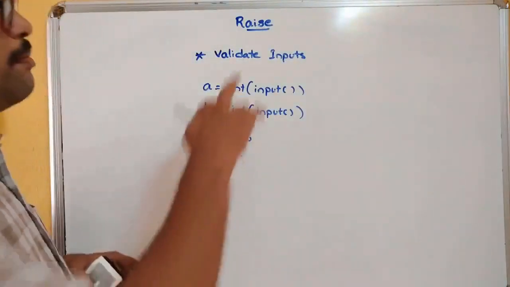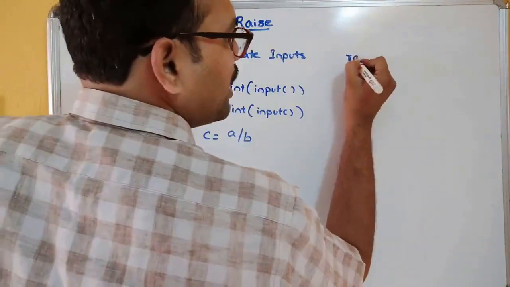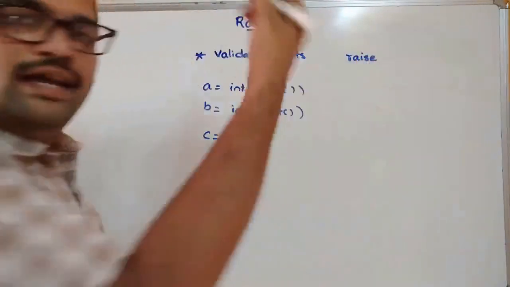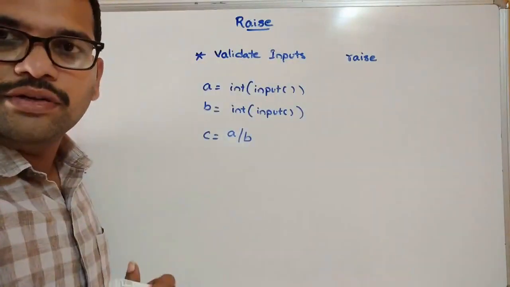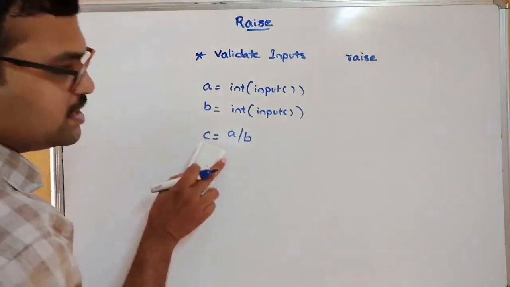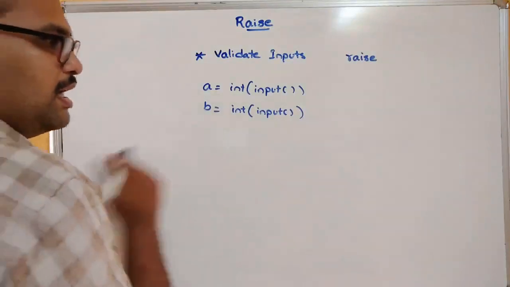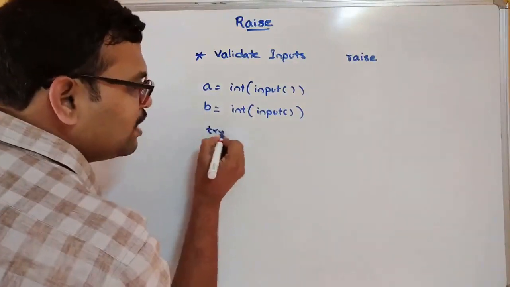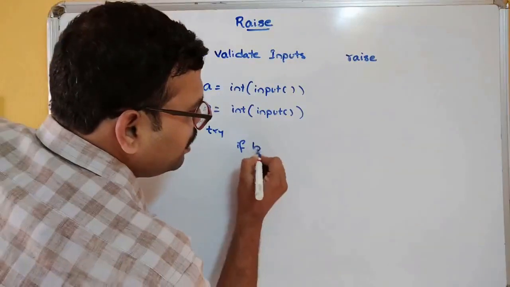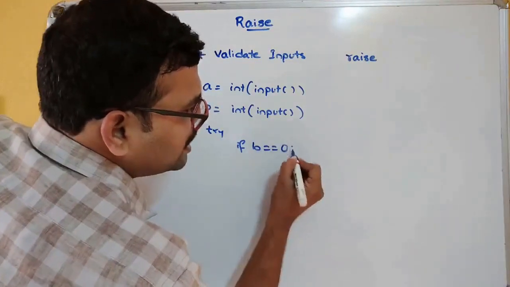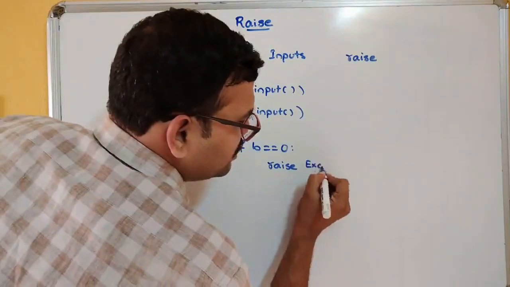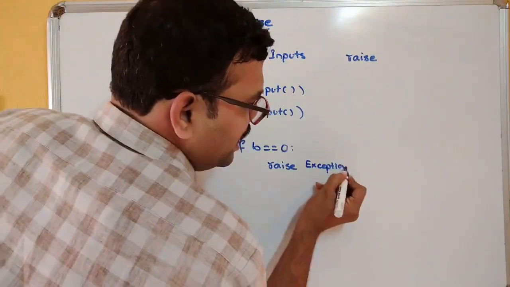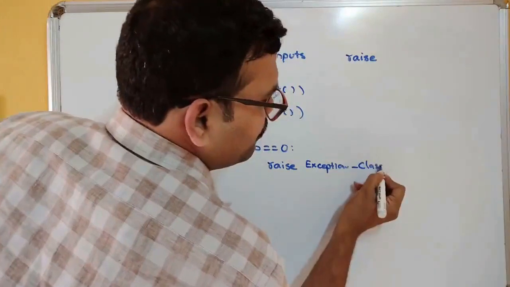But now we can use the keyword called raise in order to raise the exception. Based upon a condition, we can raise the exception, right? So before executing C is equal to A divided by B, we can directly check: if B is equal to 0, simply use raise and the exception class name.